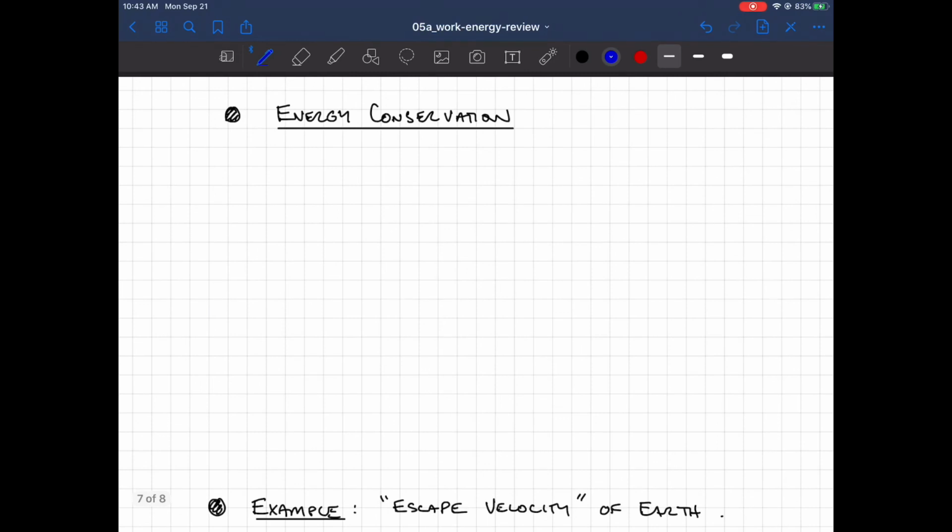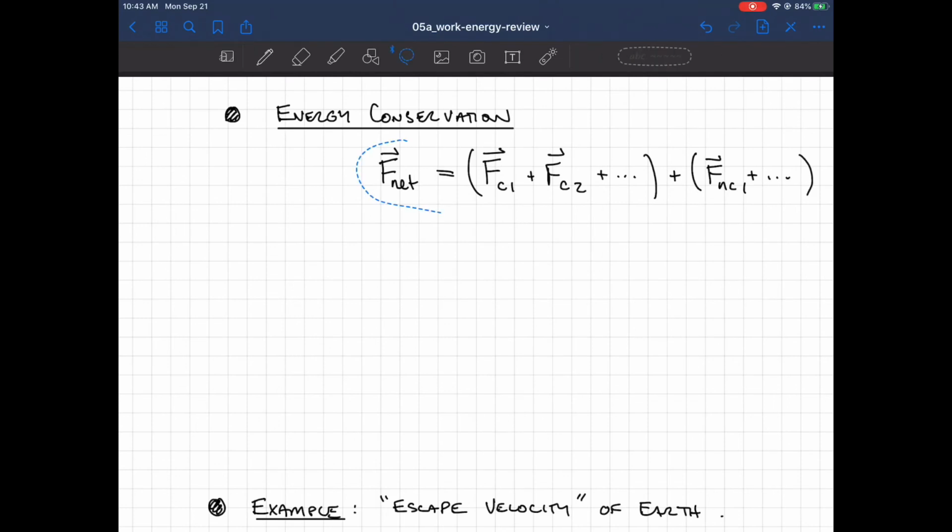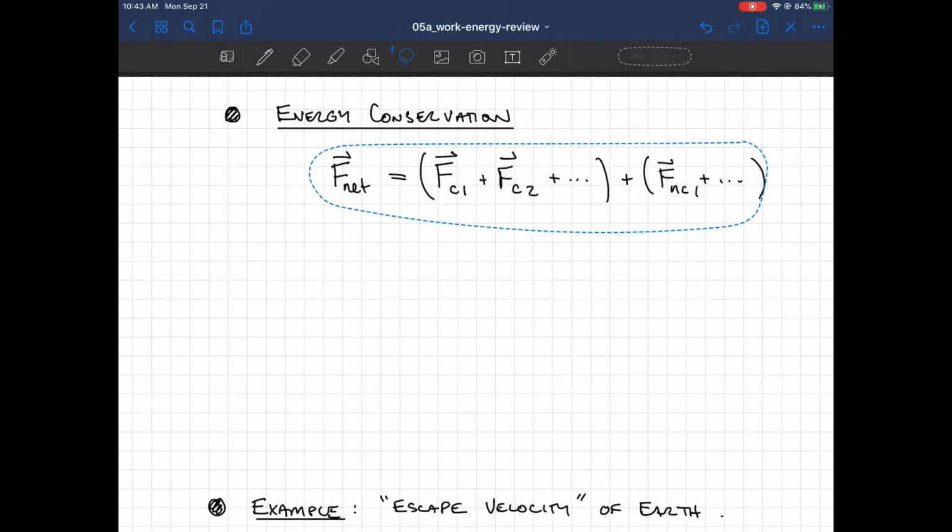And now we can talk about energy conservation. So the basic statement of energy conservation is that if you have some system with a net force, then you could separate the net force into a set of conservative forces and a set of non-conservative forces, because a force is either conservative or not conservative.